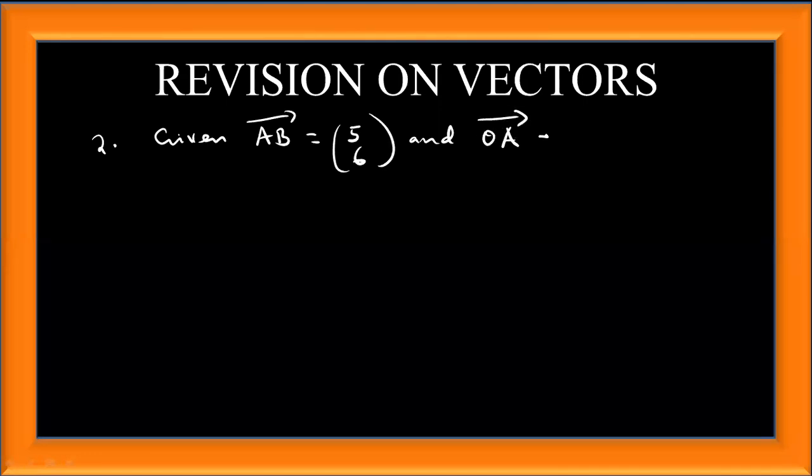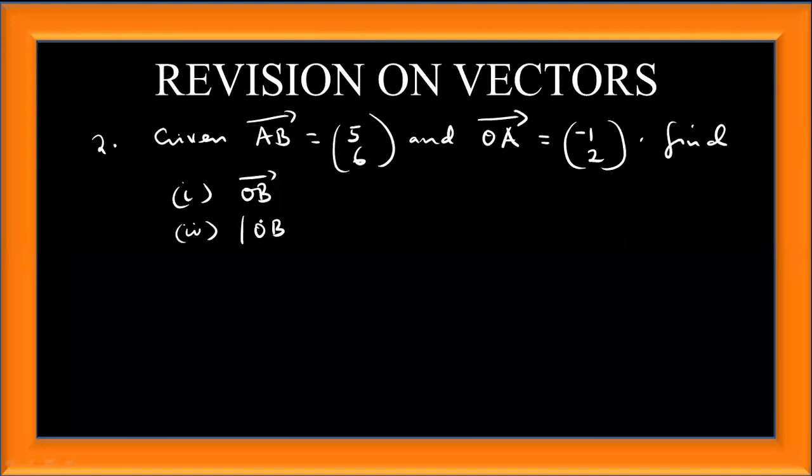They tell you OA is equal to, let me say, (-1, 2). Then they ask you to find, Roman 1, vector OB, and then Roman 2, maybe the magnitude of OB.